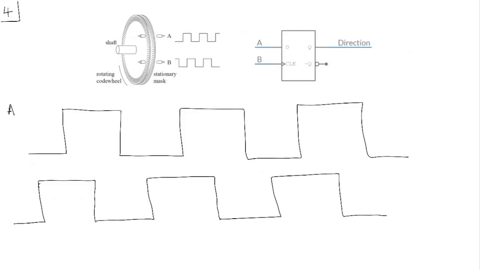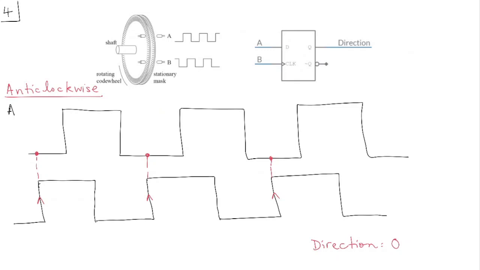Now look at the positive edges of B. This is the place where all the action happens. At the positive edges, what's the value of A? It's 0 here, it's 0 here, and it's 0 here. So when we have an anti-clockwise rotation, the value of A is always equal to 0, which means direction is going to be equal to 0, because this is a D flip-flop.